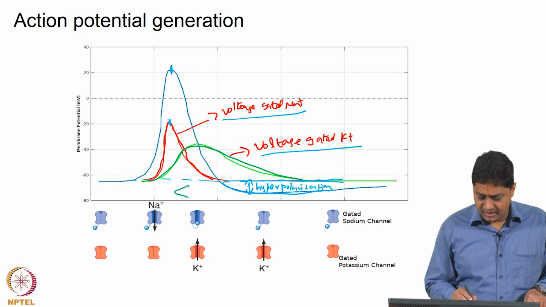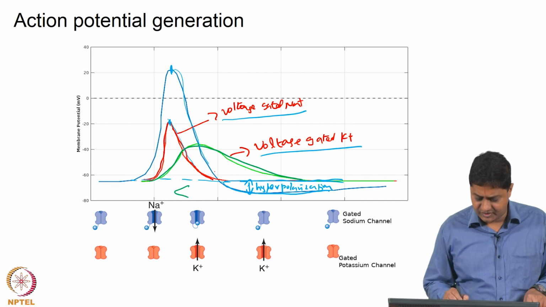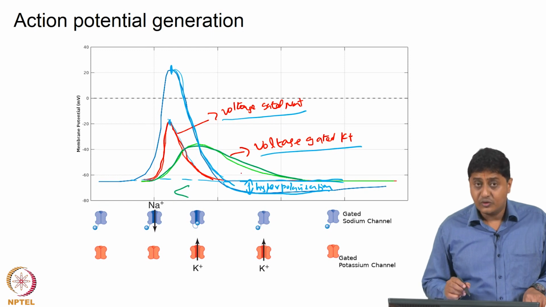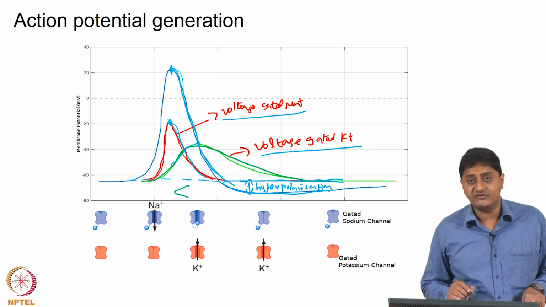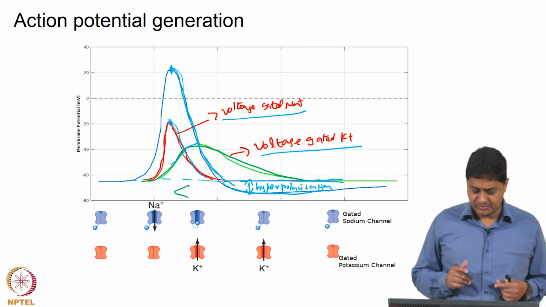And as soon as the conductance starts to fall off, the action potential curve also starts to fall off. And note that the fall of the potential from the peak is due to multiple factors, the increase of the potassium conductance and the decrease of the sodium conductance. A combination of factors come into the picture.